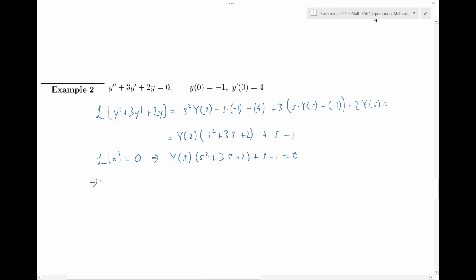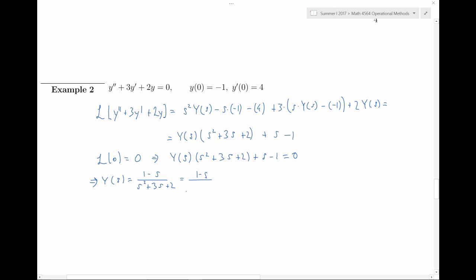As a result, Y of s must be 1 minus s divided by s squared plus 3s plus 2. And this looks like a complicated function to take the inverse Laplace transform of. But again, we can try to break it into simpler fractions.